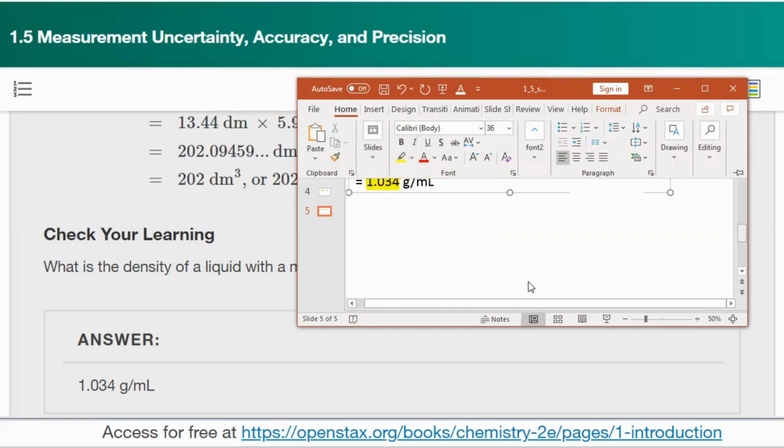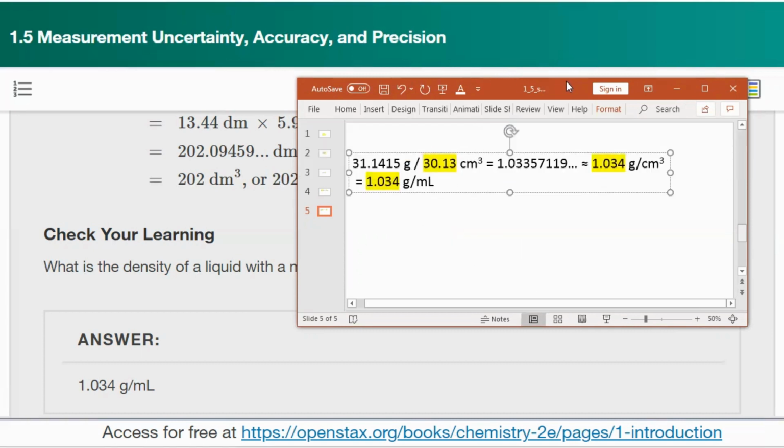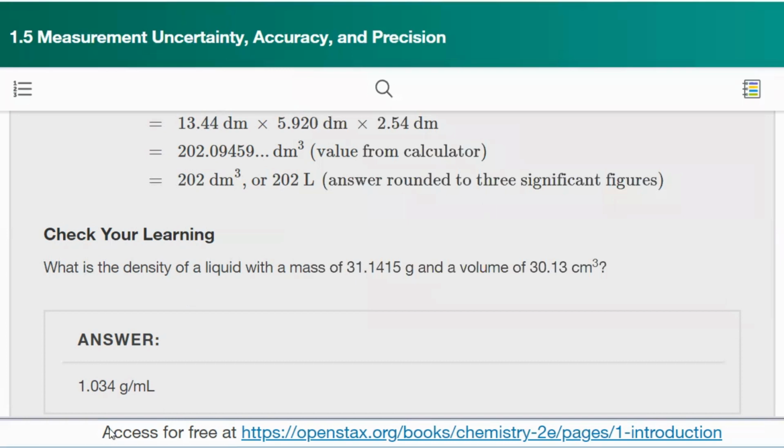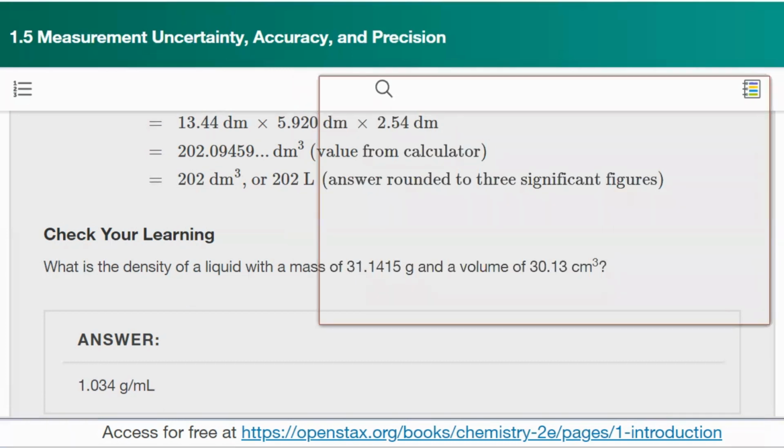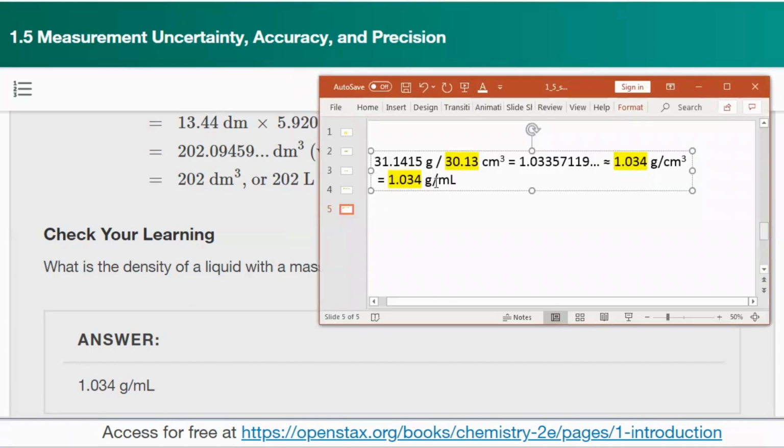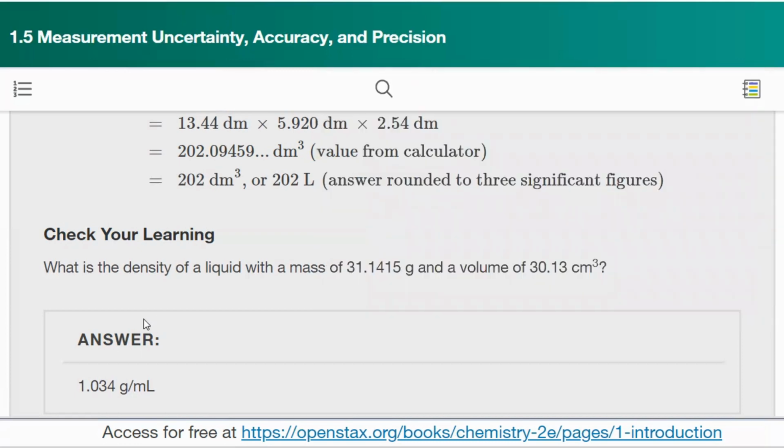Let me colorize it. And so let me just double check the answer. 1.034 grams per milliliter, excellent.